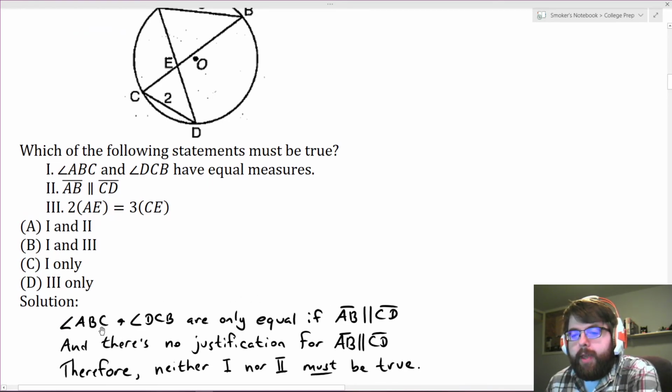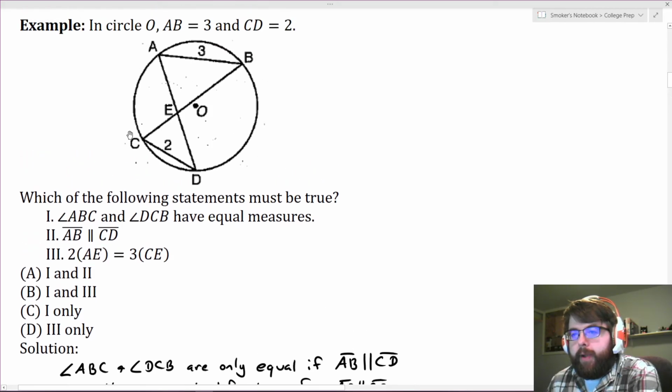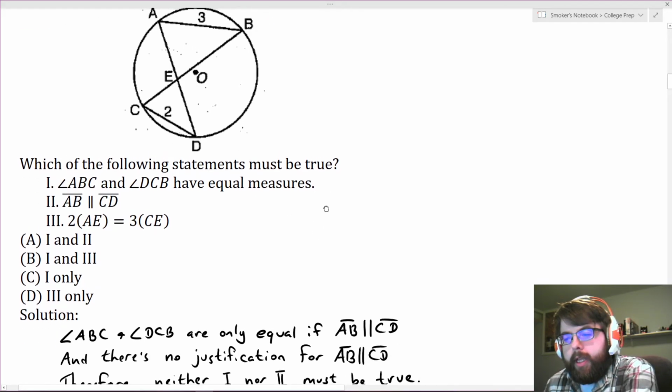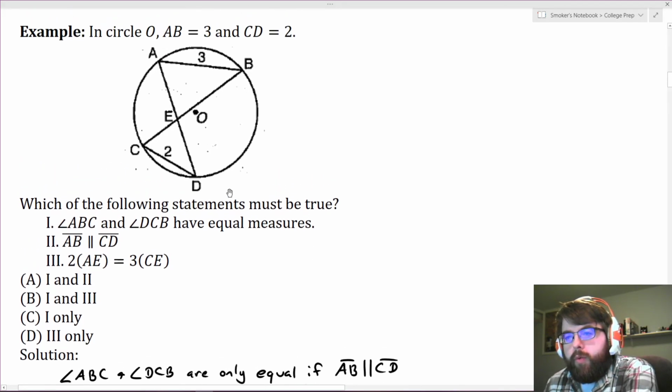Angle ABC and angle DCB are only equal if AB is parallel to CD, and that would be because of the alternate interior angles theorem. So are AB and CD parallel? Well, there's no justification for CD and AB being parallel.